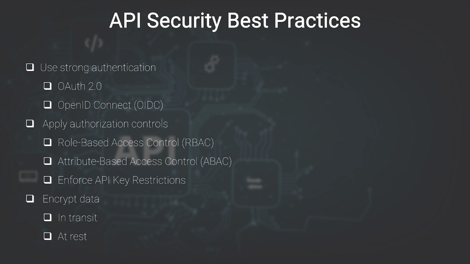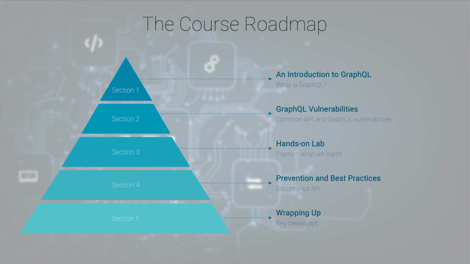So that's where you need to understand the differences between GraphQL and REST API. You need to have a deep understanding of GraphQL and how it works, and you need to understand the vulnerabilities and best practices to be able to convey the message and explain why it is important and different in GraphQL. And finally, in section 5, we'll discuss the key takeaways and wrap up the section.